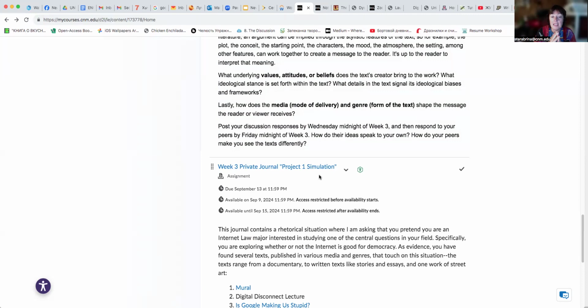Actually, I do understand this stance that people want to work on their projects, but in lower level classes with students who did not get enough support to get right into 11-12 and 11-20 English classes, that's how we structure them. The first week we work on the introduction. Next week we work on the first body paragraph, then on the next body paragraph, and finally we work on the conclusion.